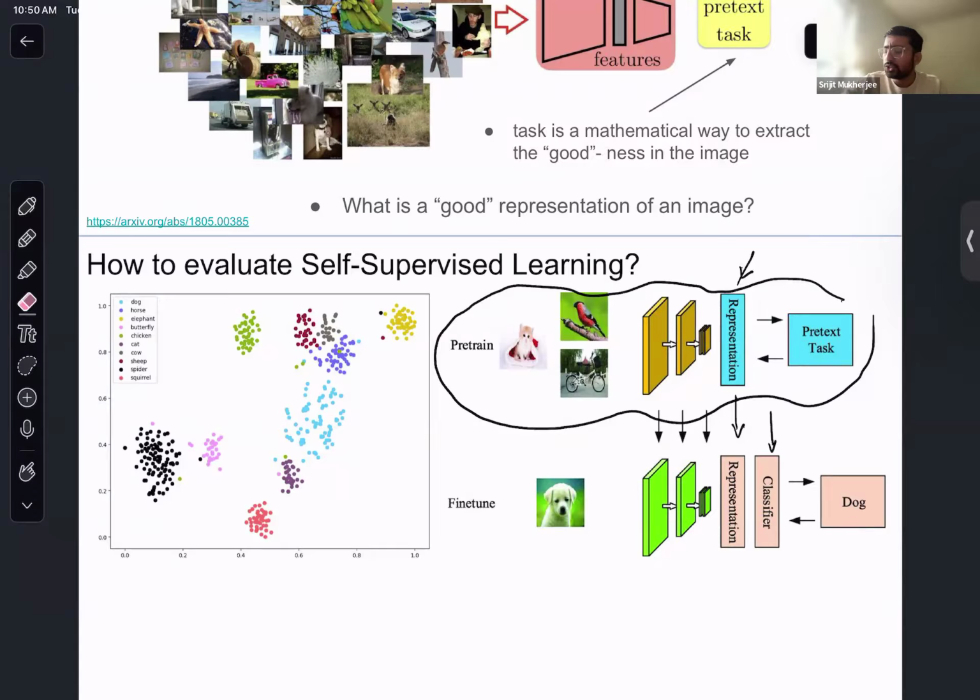Another way to visually understand is that similar representations are clustered together. But the evaluation of self-supervised learning is totally another discussion topic.